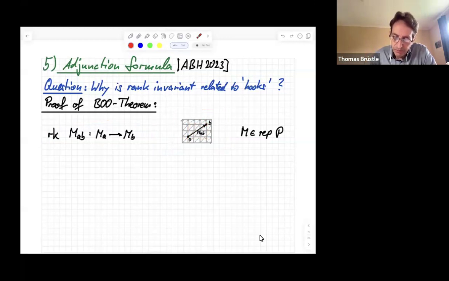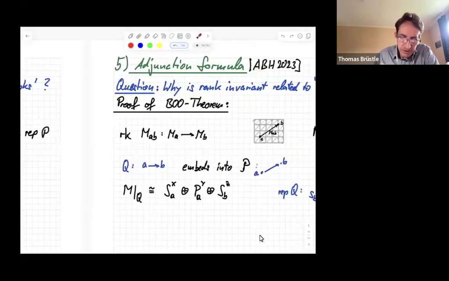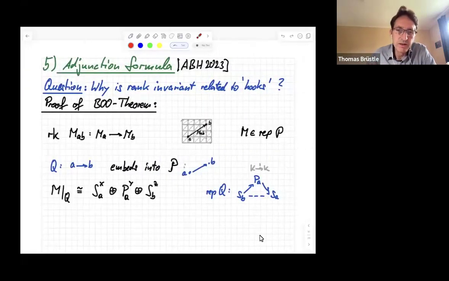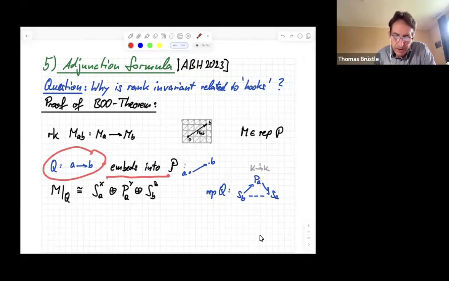So given our module, a representation of the poset, so there are vector spaces everywhere, we focus just on the vector space here and there and the linear map between them. This is all we are interested in. So in terms of representation theory, we can view it in the following way. Say we take this quiver, this one arrow from A to B, and we embed it into the poset.